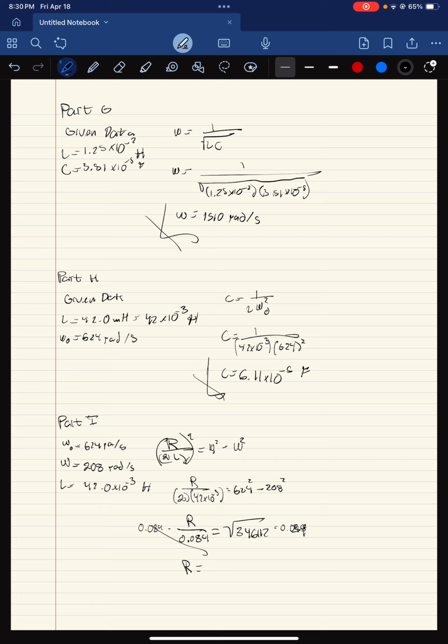Let's get that. 346,112, multiplied by 0.084. And I got 49.4, which is perfect. That's R. So that's my exam, chapter 30. Thank you, Professor.